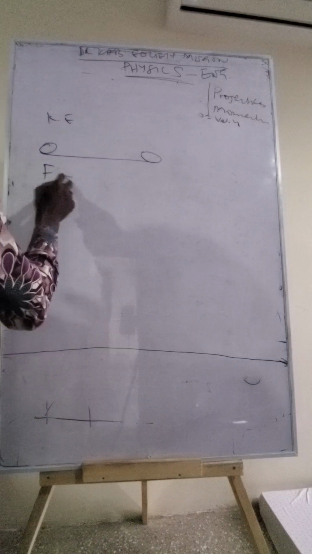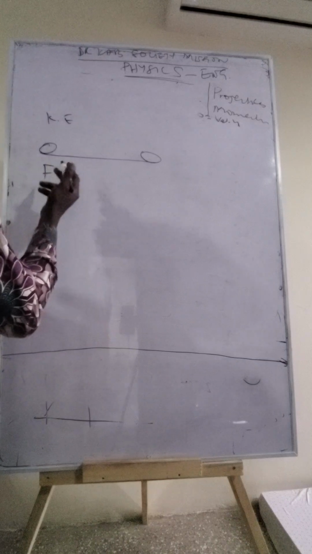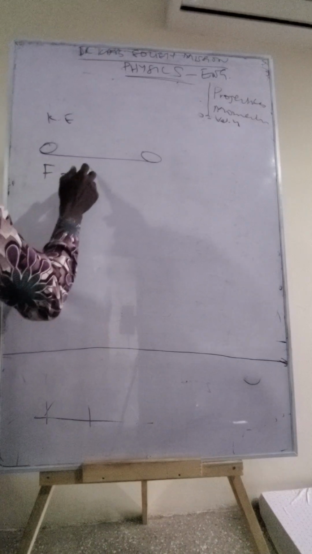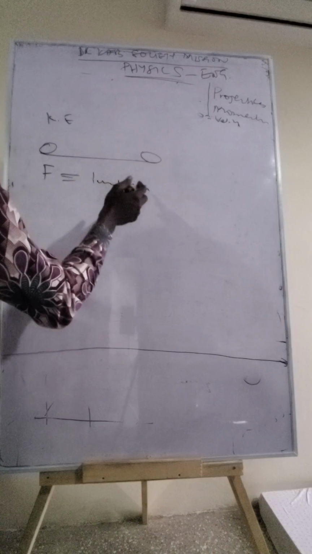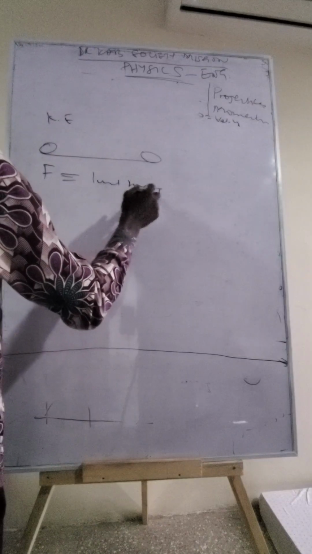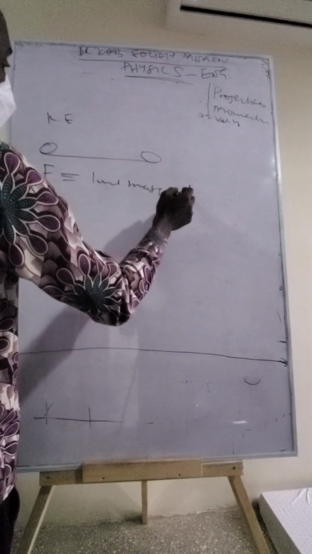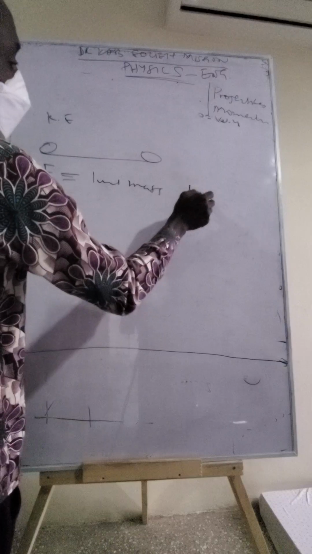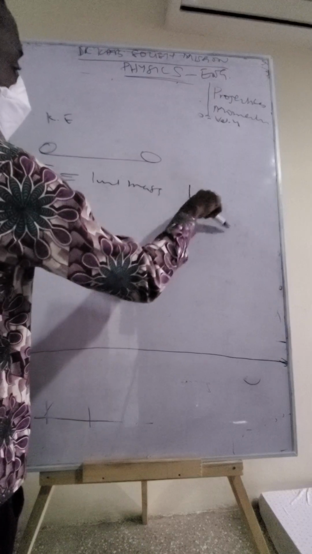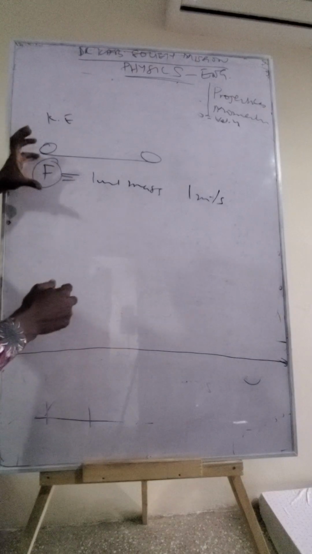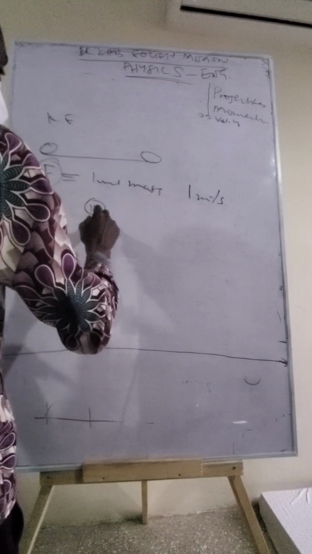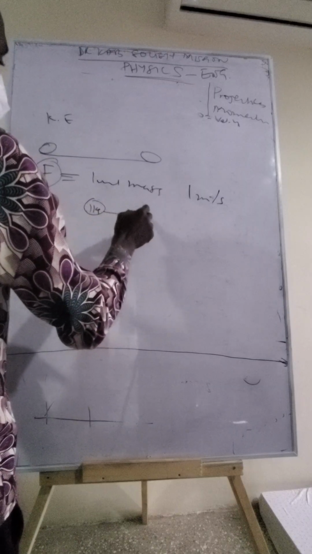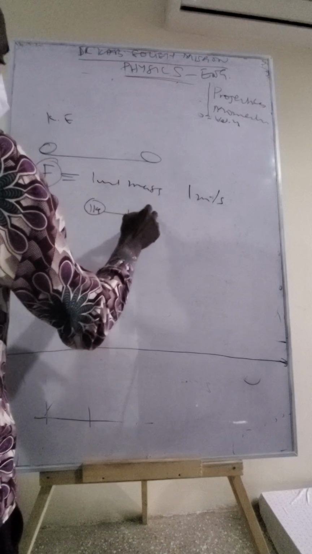It's the amount of pull that will give 1 unit mass an acceleration of 1 meter per second. So the force in quantity will be the measure that will cause 1 kilogram to accelerate by 1 meter per second squared.